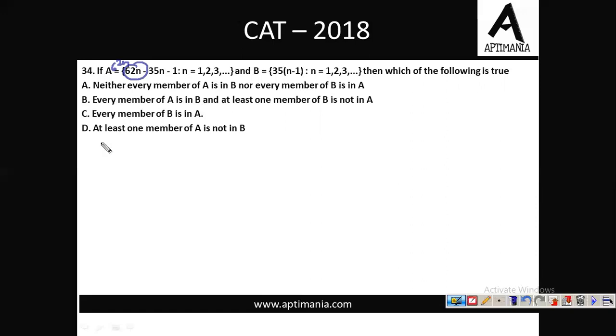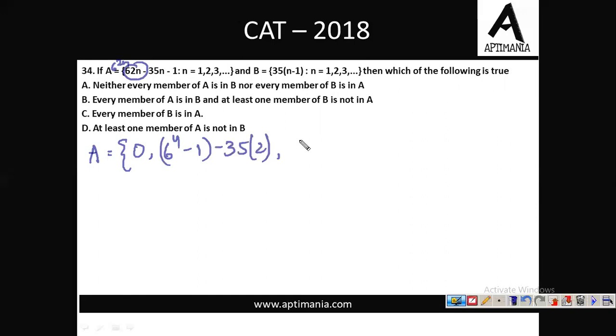Right. So what we'll do is कि A के लिए अपन एक काम करते हैं, putting n equals to 1, A will be equals to 6 की power 2, that is 36 minus 35 minus 1, that is 0. Right. And after that, it will be 6 to the power 4 minus 1 minus 35 into 2.